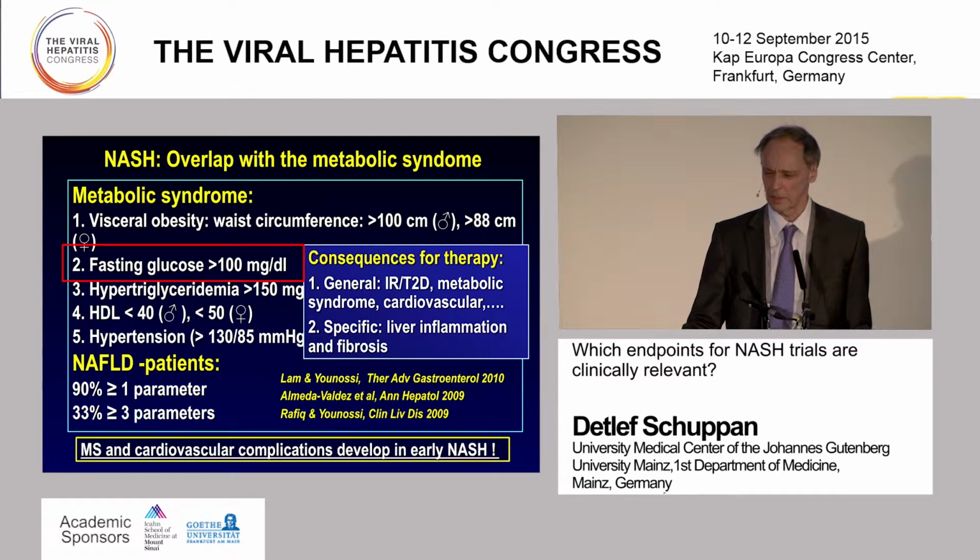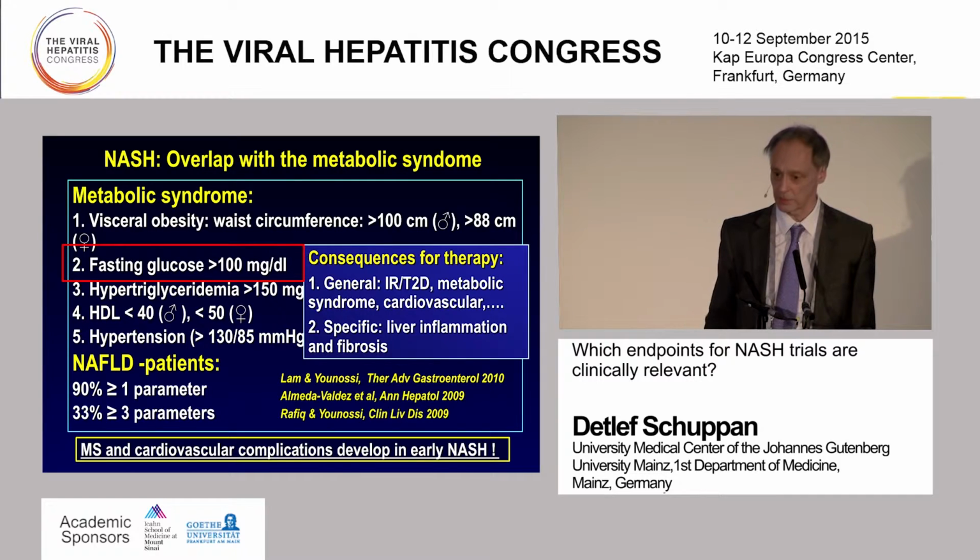But there is quite a few data that the cardiovascular morbidity and mortality develops much earlier than significant fibrosis in NAFLD and NASH. And so it may be at least as important as advanced fibrosis to be treated with drugs or lifestyle modifications.